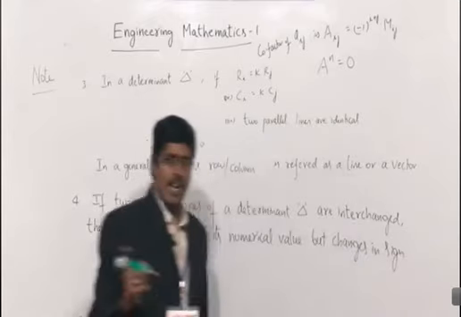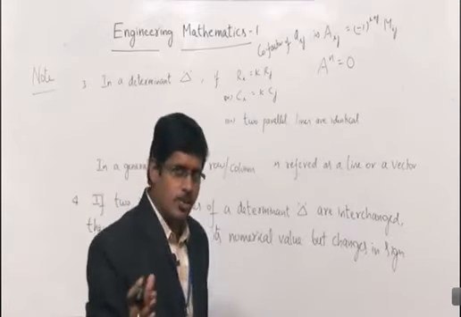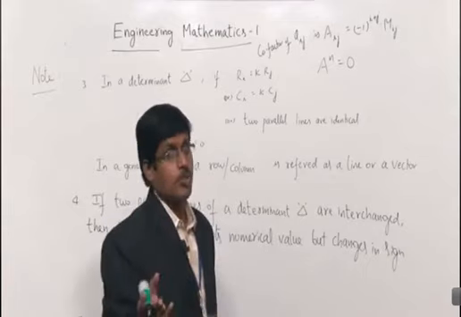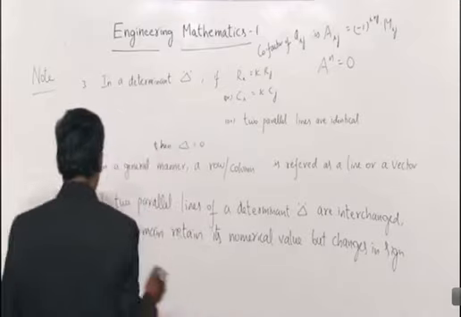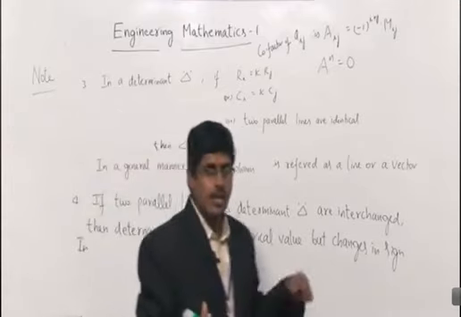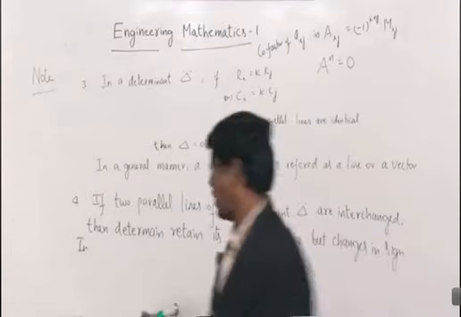That means whenever R1 interchanges with R2, or two columns interchange, your determinant value is numerically unchanged, but changes in sign. Plus goes to minus, minus goes to plus. In general, interchanging two rows or two columns means one row is passed over another row, one column is passed over another column. Okay?